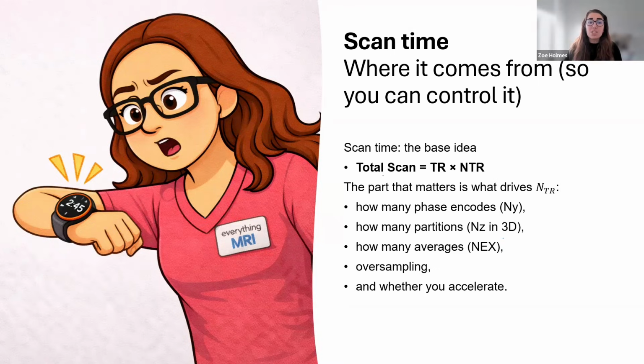The number of repetitions depends on how much K space we need to fill. So in our 2D imaging, the big drivers of this are our phase encodings and our NEX and averages. In 3D imaging, it's our partitions, adding another dimension to this, and encoding. So we can blow out time really easily in a 3-dimensional sequence as well.